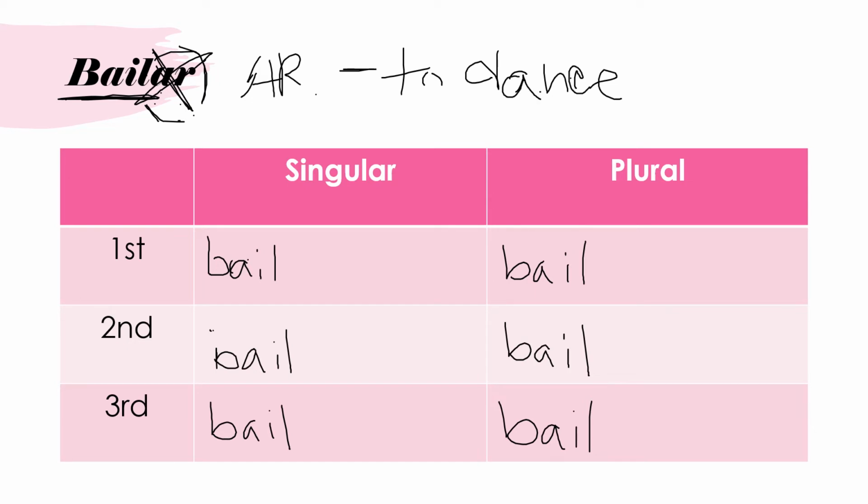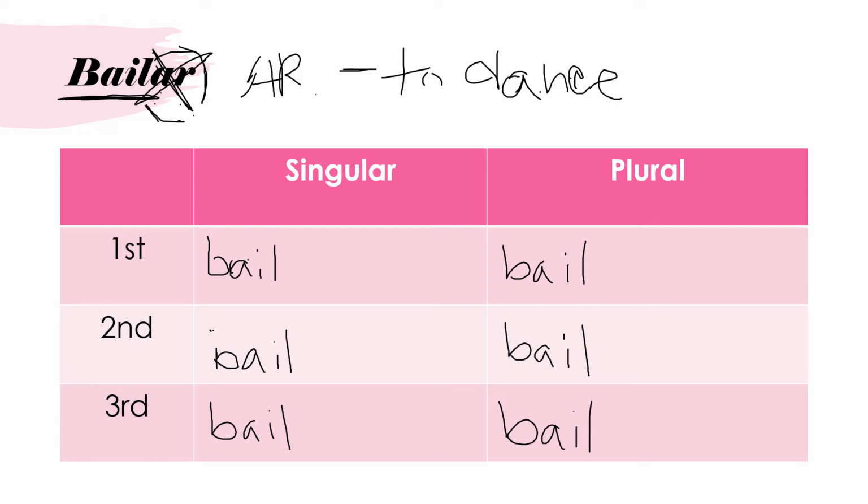If I wanted to say, I dance, you would think to yourself, okay, yo, first person, singular. So I would go to first person and singular, and you would find there that you just need this one right here. However, because I haven't given you that specification, what we're going to do is add the endings to every single one.